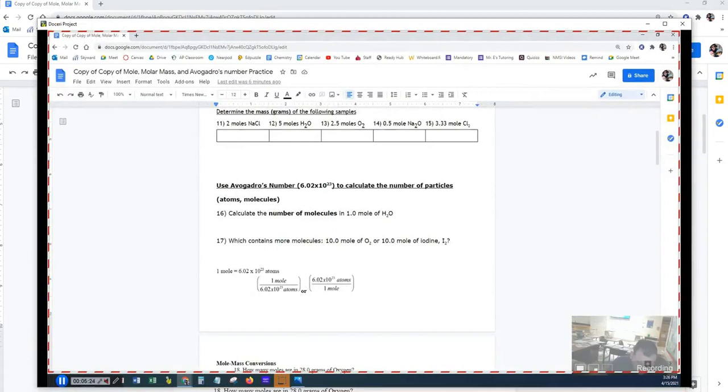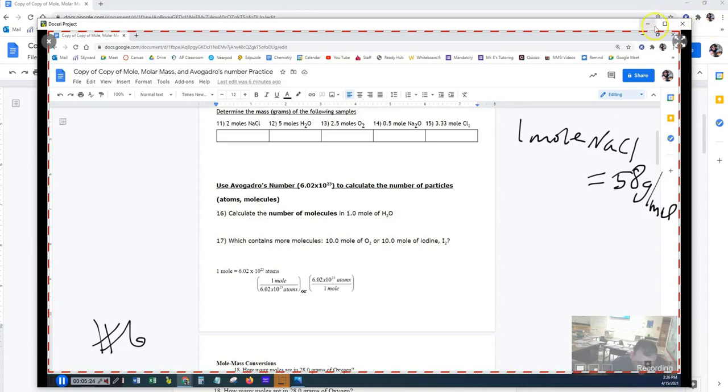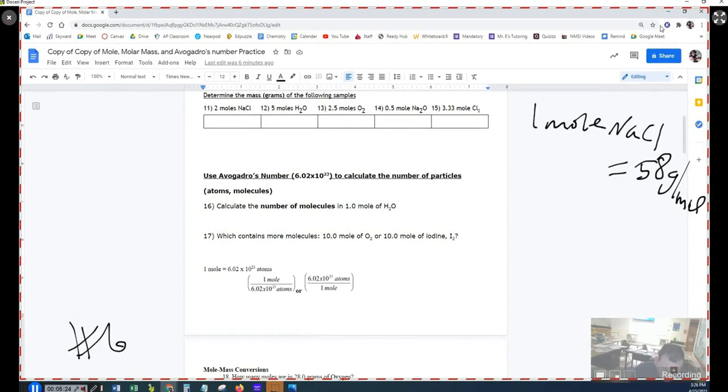So if we have 2 moles of NaCl, 1 mole of NaCl is equal to 58 grams. We did that in the last problem. That was number 6. So back on number 6, we figured out that the molar mass of sodium chloride, NaCl, was 58.